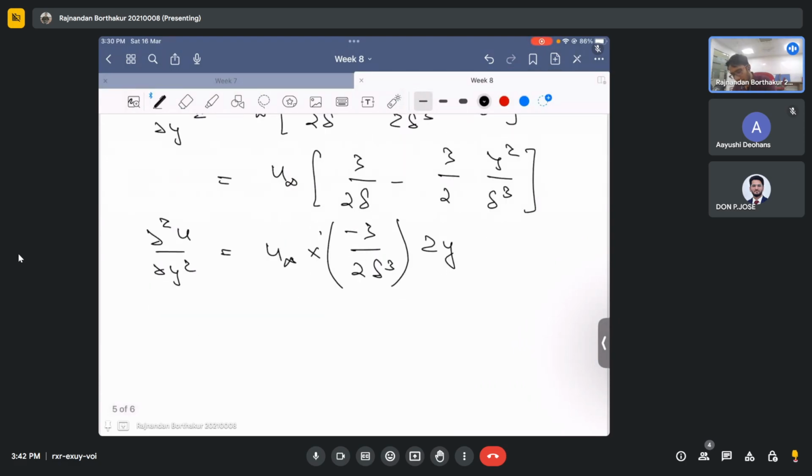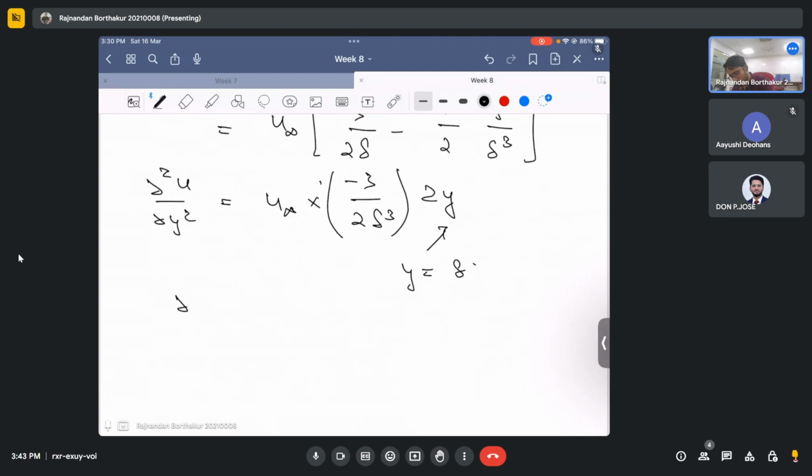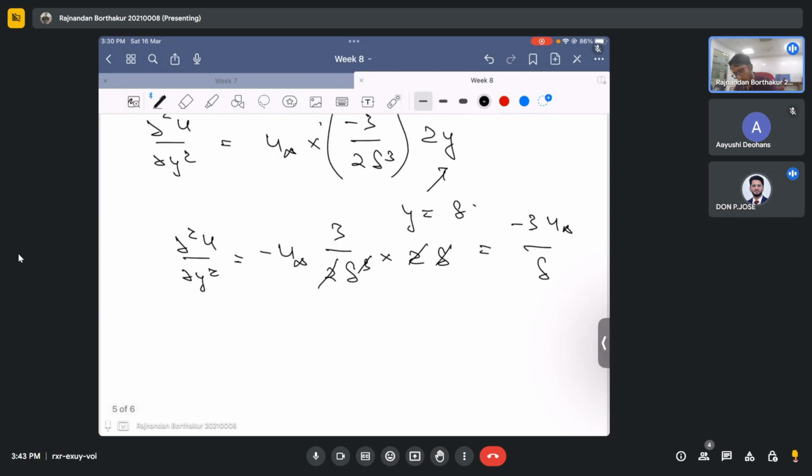Which means now if you substitute y equal to delta, this del square u by del y square would come out to be minus u infinity times 3 by 2 delta cube into 2 delta, so this is not equal to 0, right, for a finite value of delta. This is just minus 3 u infinity by delta basically. So this is non-zero, which means that option C is not correct actually.